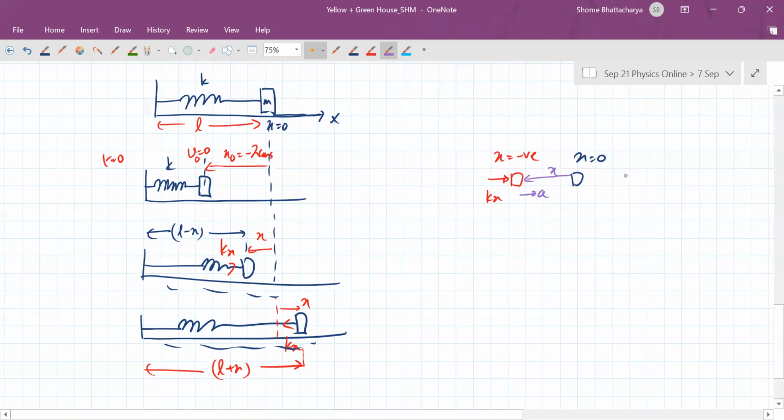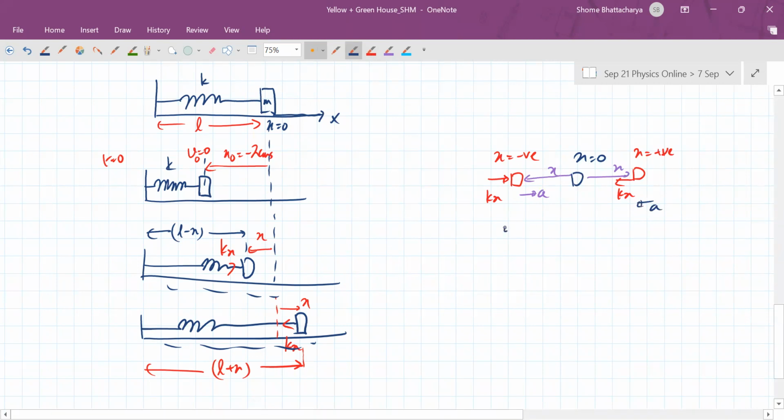Similarly, for a positive displacement, the spring will be pulling it back. So here x is positive, so acceleration is negative.